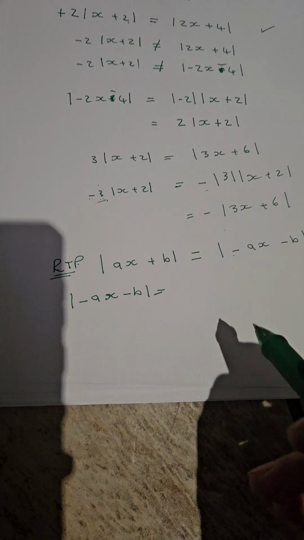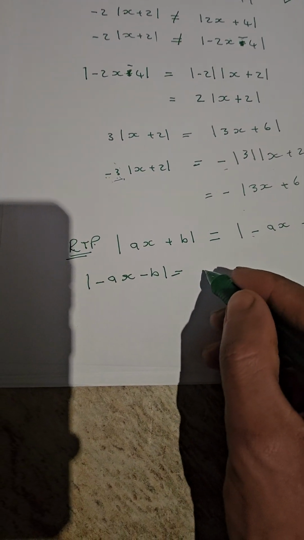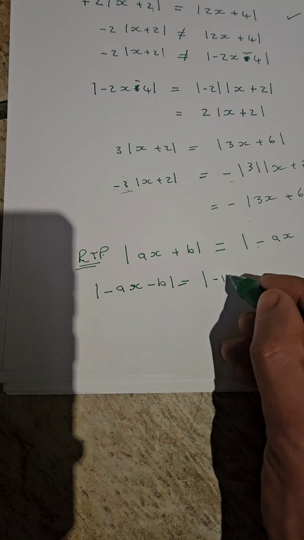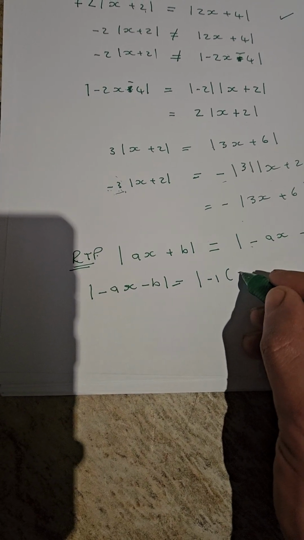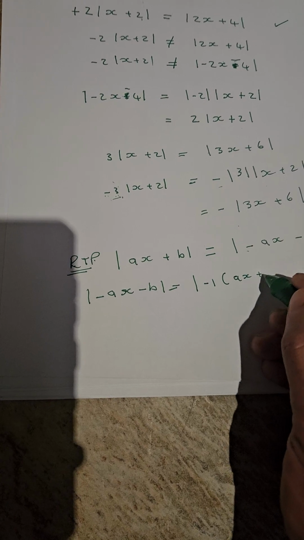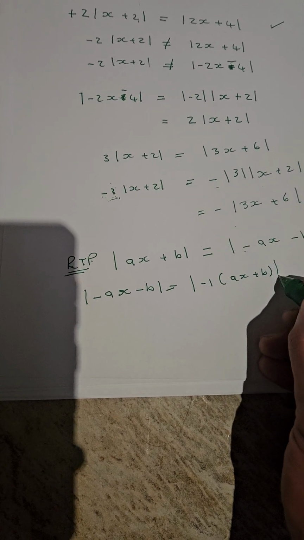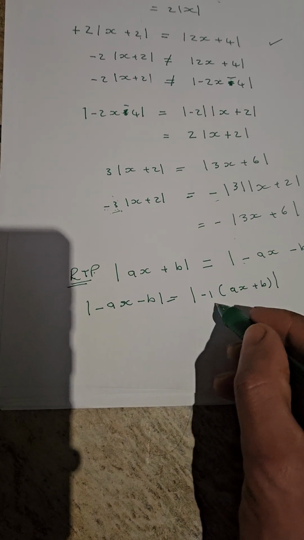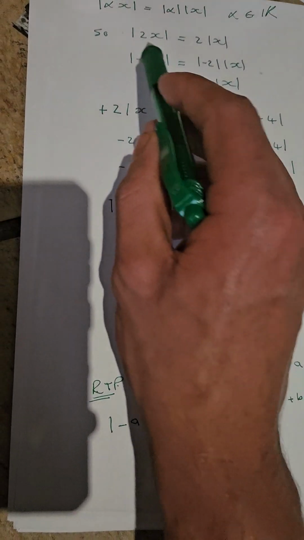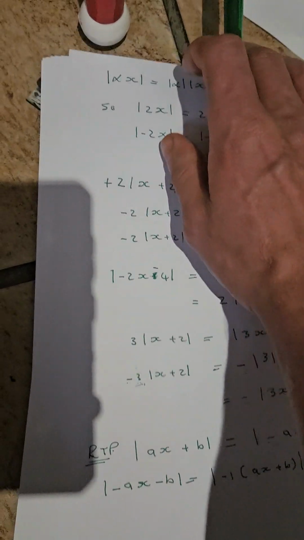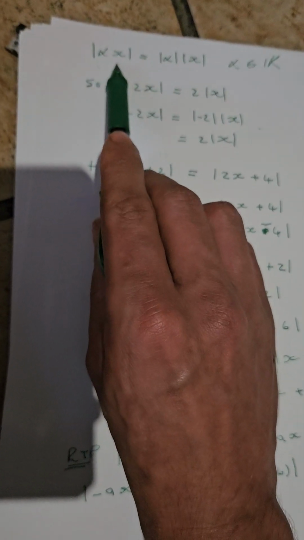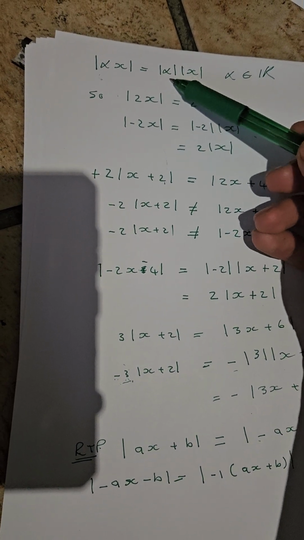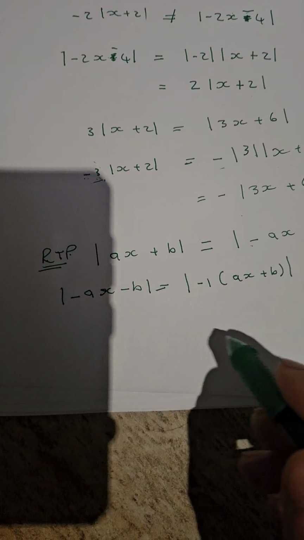If I look, I can factorize out something in here, a negative 1. Then I have ax plus b. Cool. This looks very similar to this. Well, I have a rule: if I have alpha times x, then I can just say it's the absolute value of alpha times the absolute value of x.